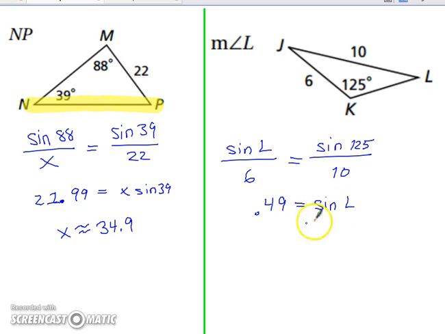And then we can use sine inverse of 0.49, and we will get about 29 degrees. So the measure of angle L is about 29 degrees. And that concludes our lesson on the law of sines.